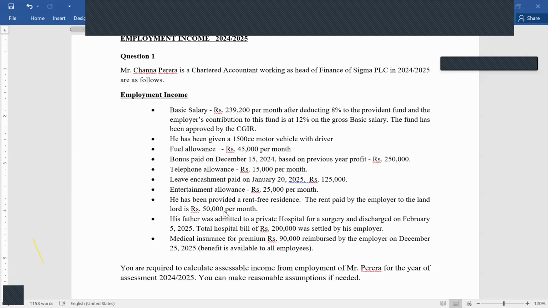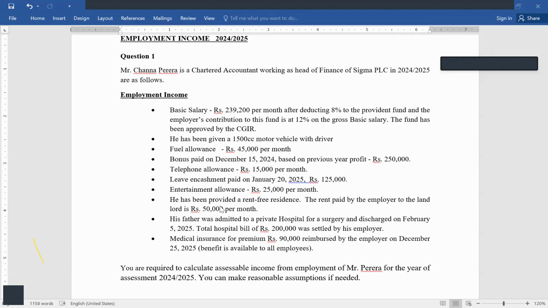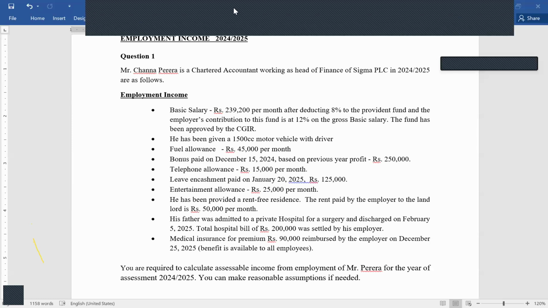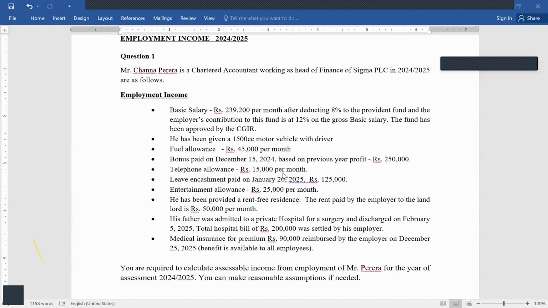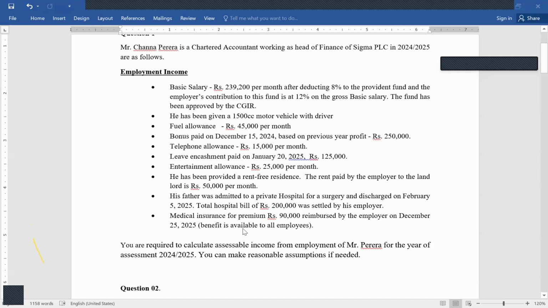Since we have been given the market value, we can consider the market value. Actually, the table can be applied, but the market value is also there. Then we can consider the market value as a benefit. Then we can move to the next one.